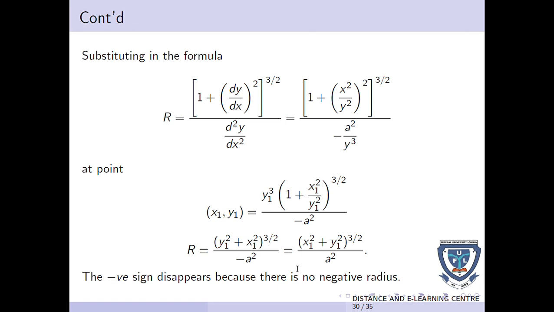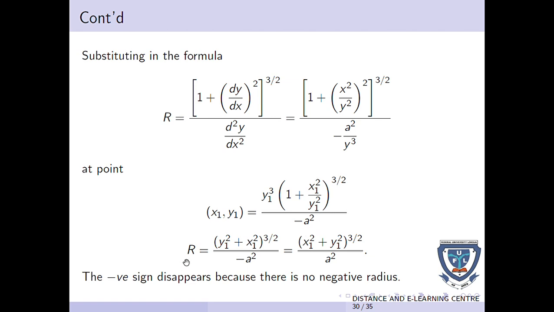Substituting in the formula, you're going to have that your r will be (1 plus x squared over y squared) all raised to power 3 over 2 all over minus a squared over y raised to power 3. At this point (x1, y1), you have y1 raised to power 3 in bracket (1 plus x1 squared over y1 squared) raised to power 3 over 2 all over a squared.